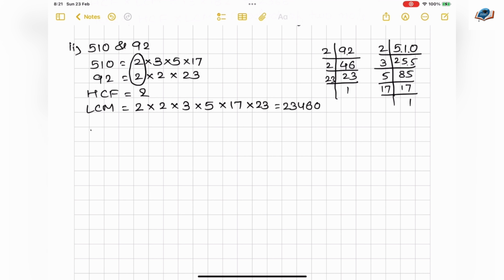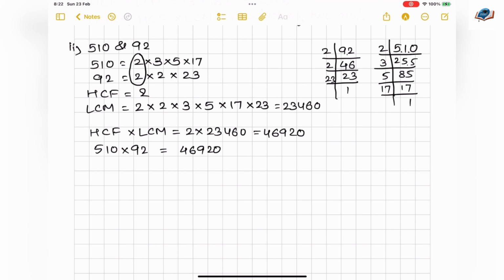Now if I check LCM into HCF, it will be 2 into 23460, that will be 46920. And 510 into 92, the product of the two terms, that also will be 46920. Therefore, HCF into LCM is equal to the product of two numbers.